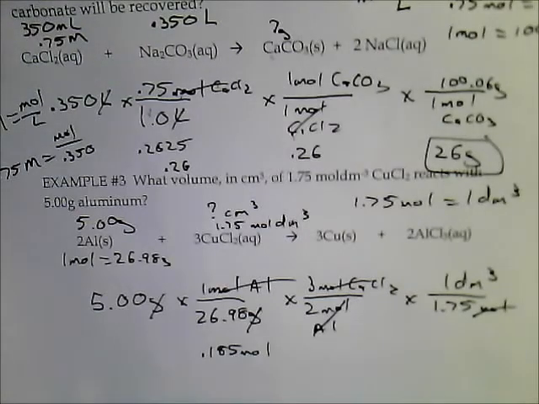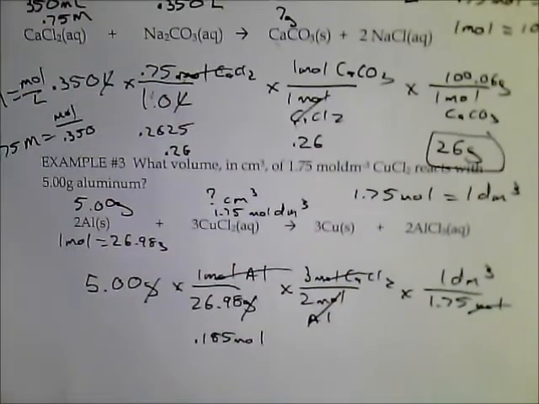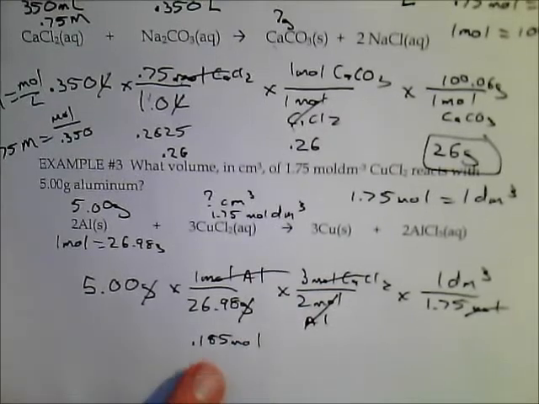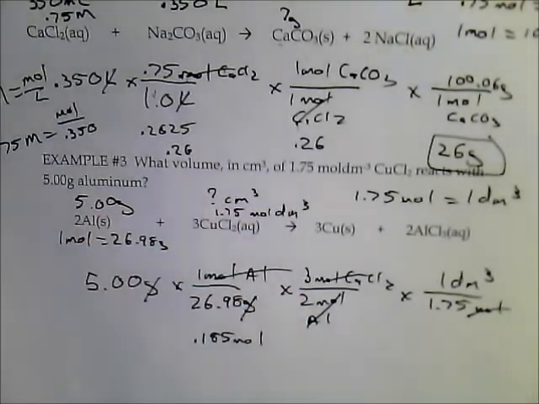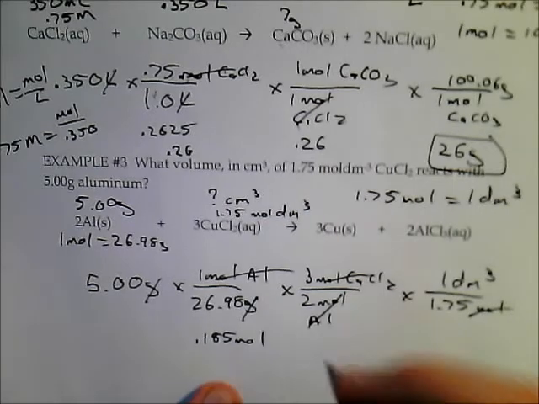Mole ratio is 3 to 2. So I'm going to multiply this by 3 and divide by 2. You can also multiply everything on top divided by everything on the bottom. There's a bunch of ways you can get the same answer here. But I'm going to take 0.185 times 3 divided by 2, or times 3 halves, or times 1 1/2, or whatever you want to say.